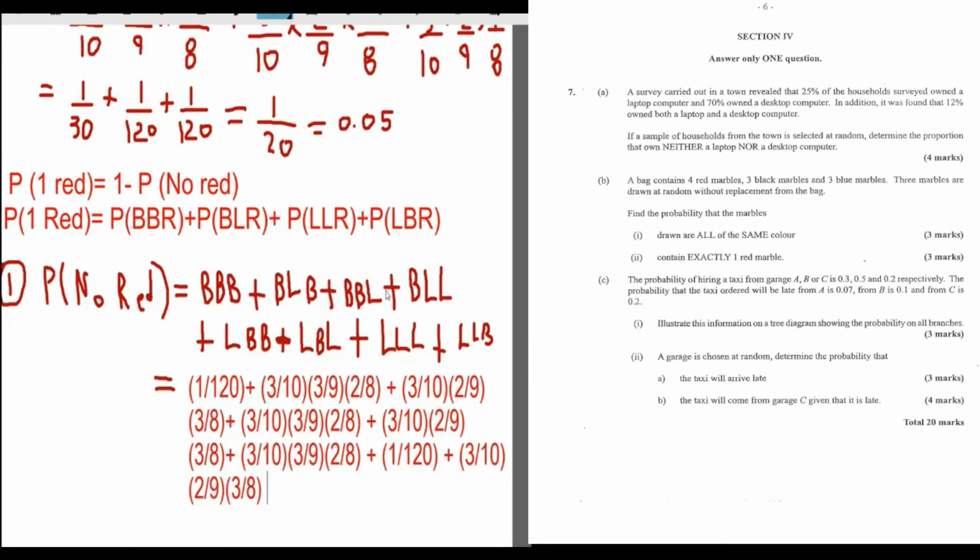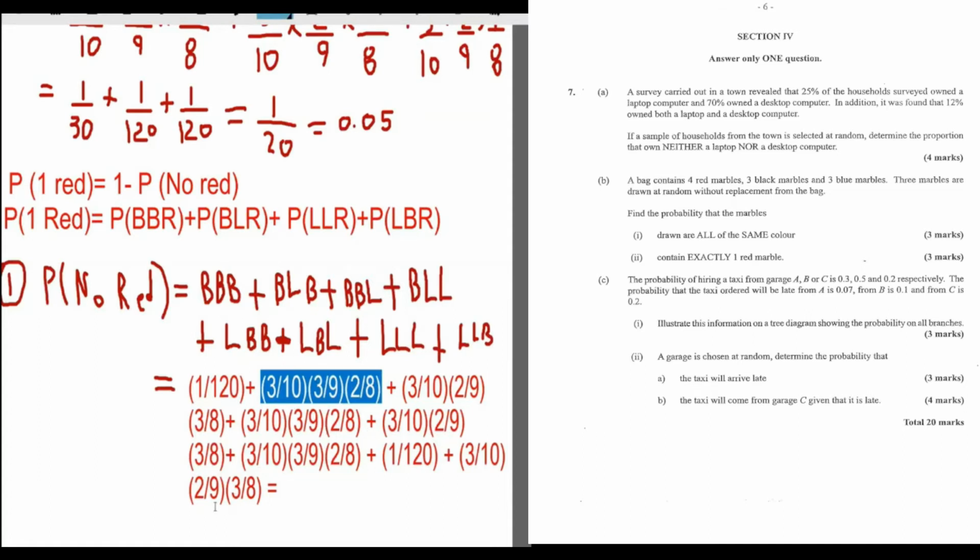We're going to work out all of this. That will give us the probability of getting no red. So when I work it out, 3 over 10 times 3 over 9 times 2 over 8 is 1 over 40. And look how many 1 over 40 we have: 1, 2, 3, 4, 5, 6 of them.